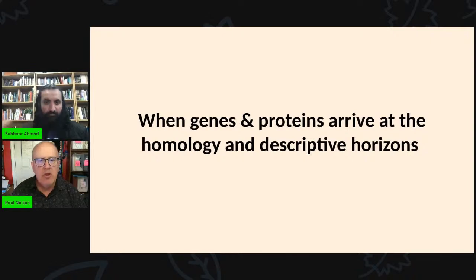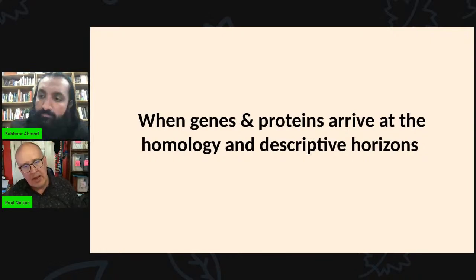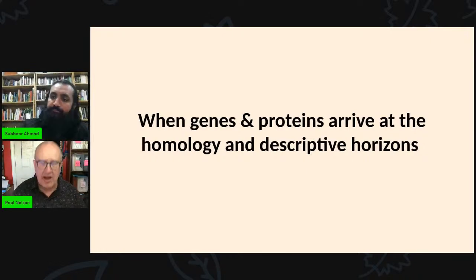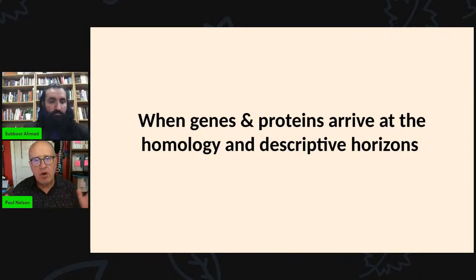Okay, so what happens as you go back in time for any group of organisms, let's say for the mammals, or for vertebrates, or let's say for all eukaryotes or all bacteria, you come to what I'm calling homology and descriptive horizons.